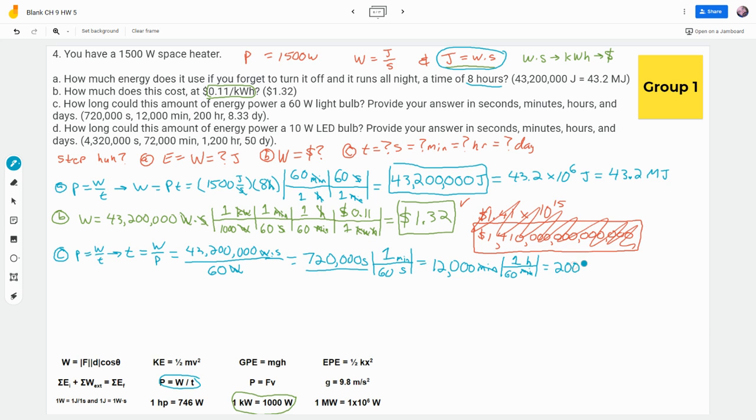Okay, this is starting to get more reasonable. I have some sense for how long 200 hours is, but I would rather have this amount of time in days. So I need one more set of field goal posts to get me out of hours and into days. So how do hours relate to days? Well, there's 24 hours in a day. I'm starting with hours, which means I need hours on the bottom and days on the top. One day is the same thing as 24 hours.